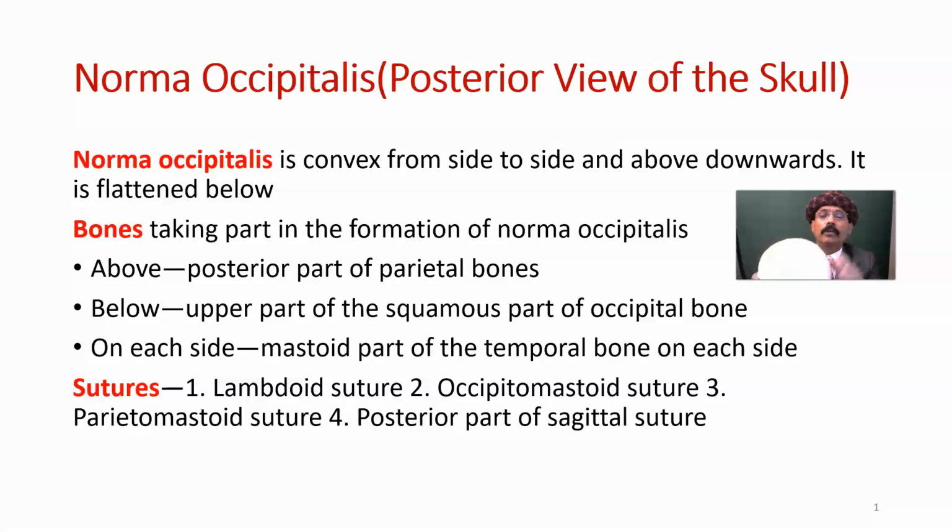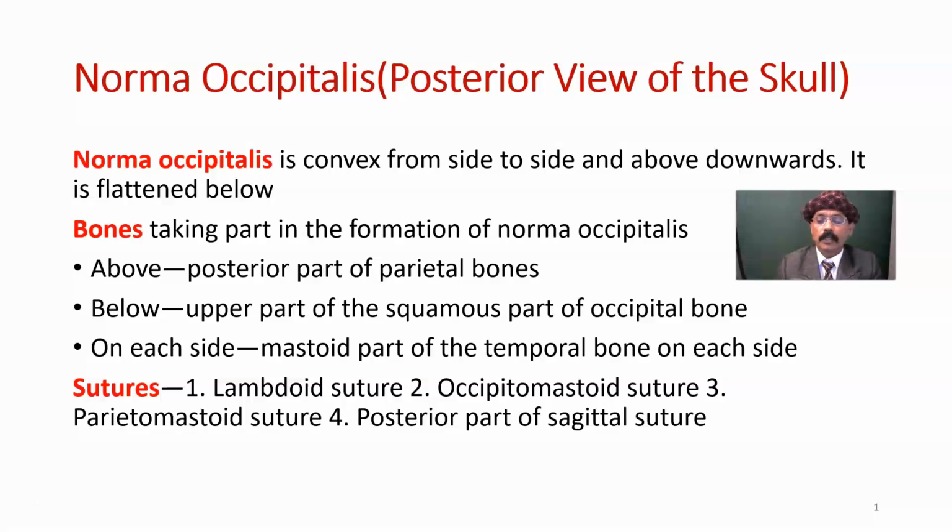Bones taking part in the formation of Norma Occipitalis: above, the posterior part of the parietal bone on each side, and below, the upper part of the squamous part of the occipital bone, along with the mastoid part of the temporal bone.